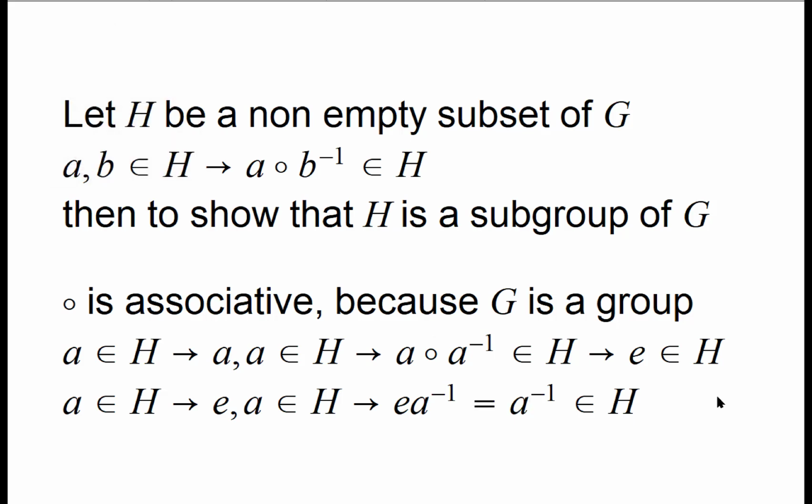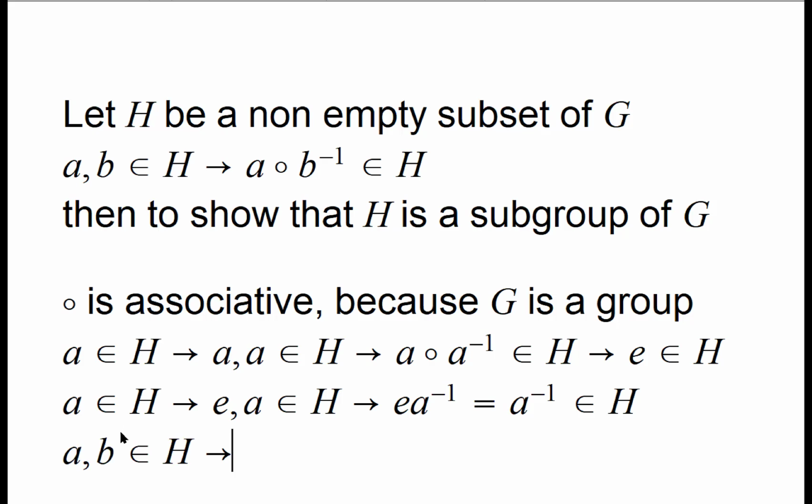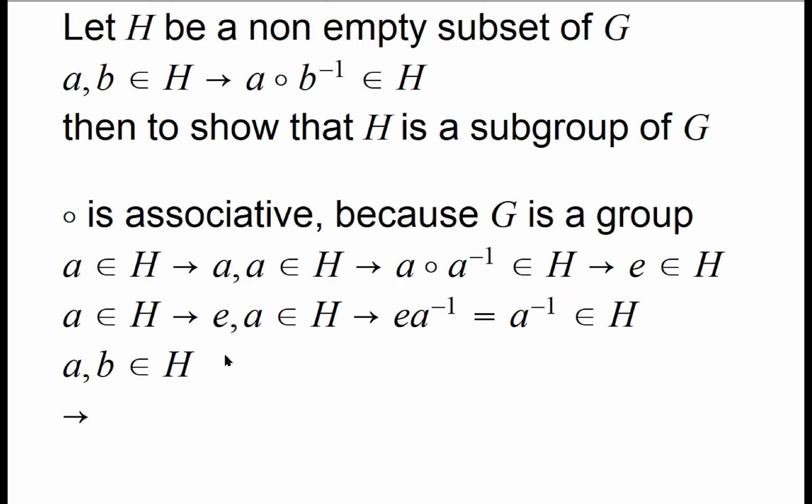And now we can show the closure. If A and B are in here, then what happens is, sorry about that, we showed that the inverse property is there. So if B is in there, B inverse has to be in there as well.